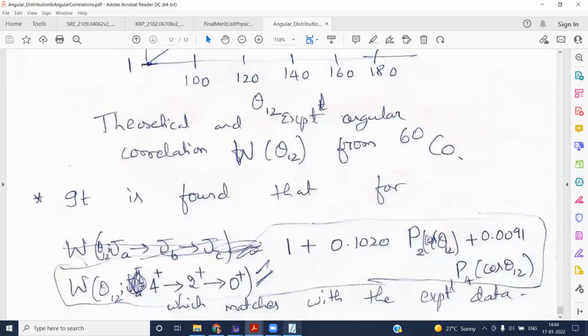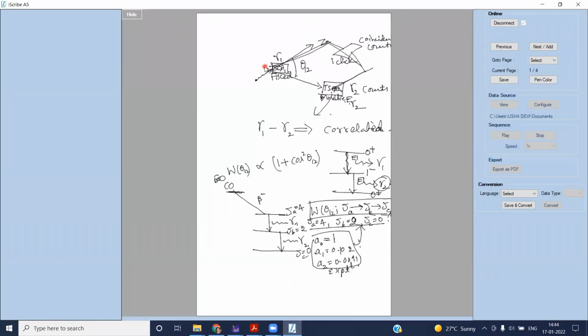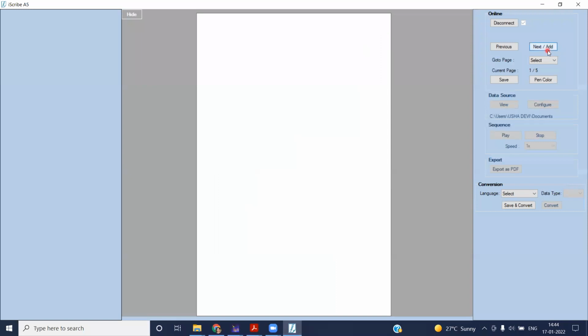So what all I have covered in gamma decay now, let me just tell you so that we are in tune with what is being done. Let me say, I told you about selection rules. These selection rules introduced what is multipolarity, and what are the associated electric type and magnetic type radiations.